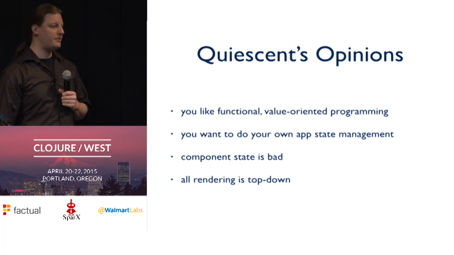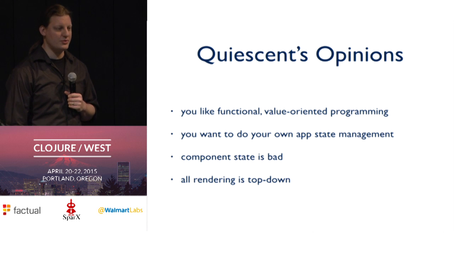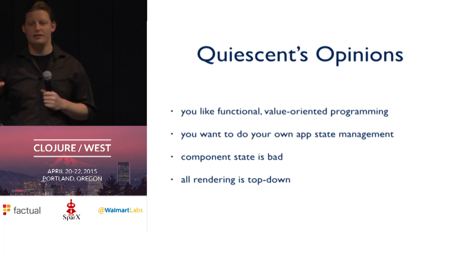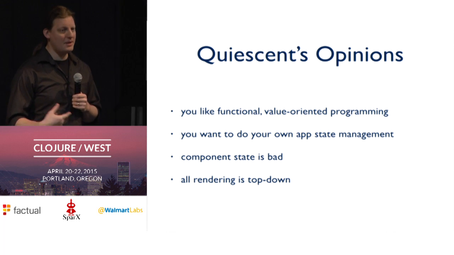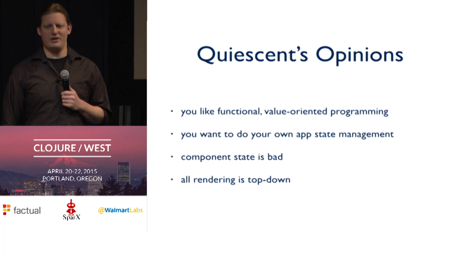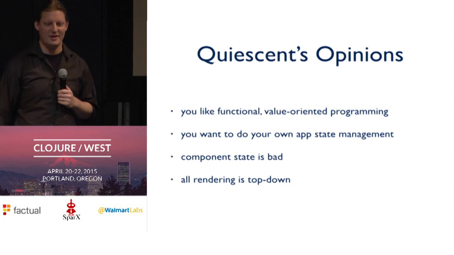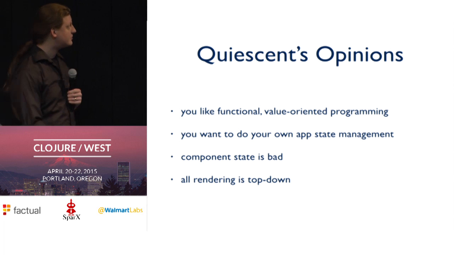And Quiescent is saying, well, what if we didn't worry about holding state? What if we just worried about programming with values? And you want to do your own app state management. You don't want your rendering library to be concerned with how you manage your state. Maybe I want to use an atom, but maybe I don't want to use an atom. Well, with the other two options, you're kind of forced to use an atom because that's the idiom that they use. Quiescent, you can store your state however you want.